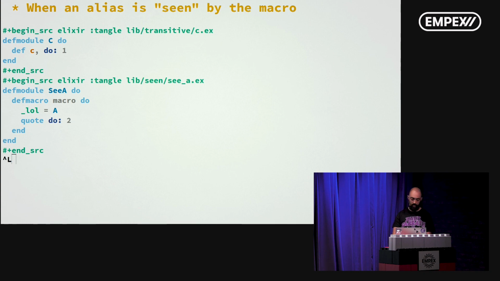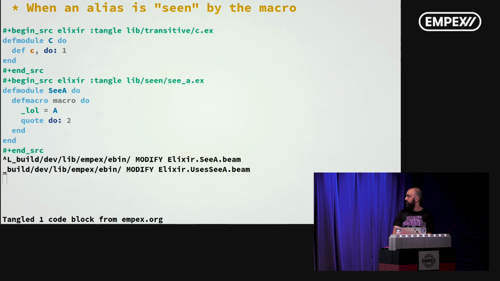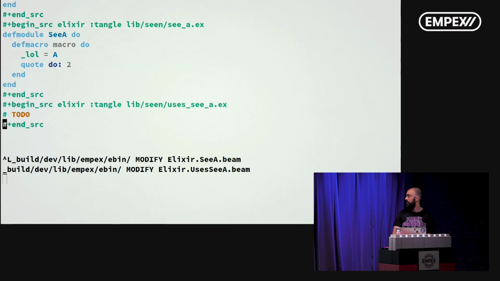Right? And then we're gonna write a module that uses CA. Require CA. And we won't actually need to do anything here.